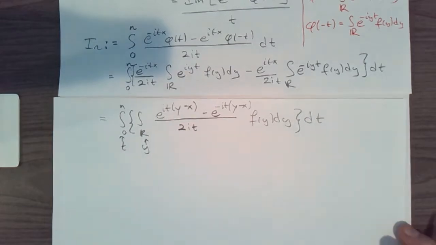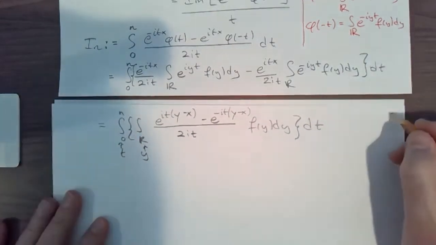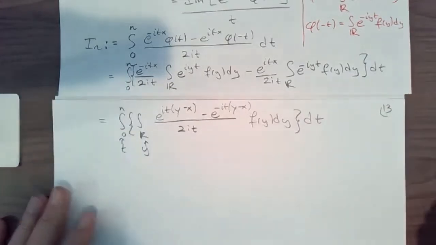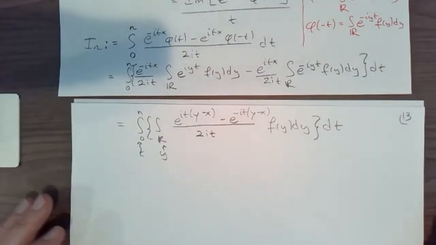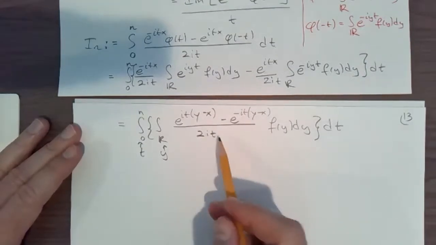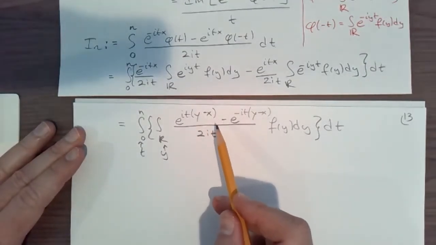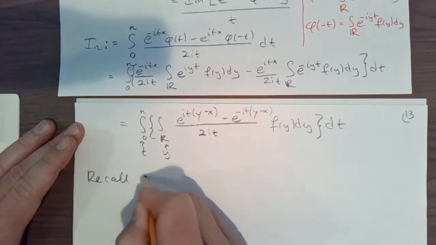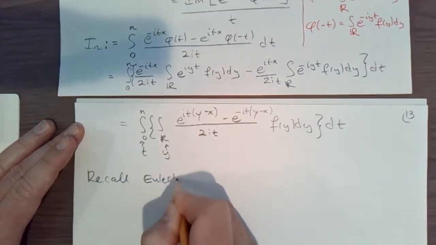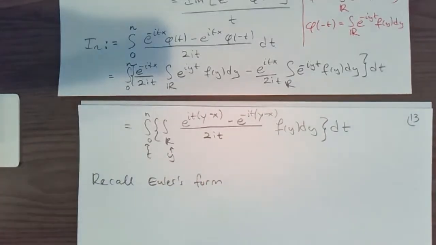Okay, so we have this mess in here. Let's try to work it out. This is where that sin x over x is going to ultimately come from. So let's recall Euler's form.